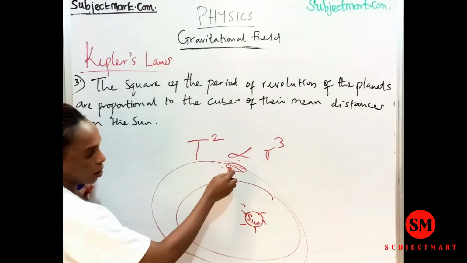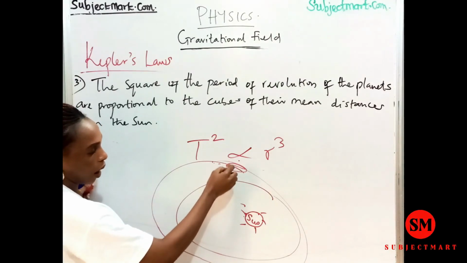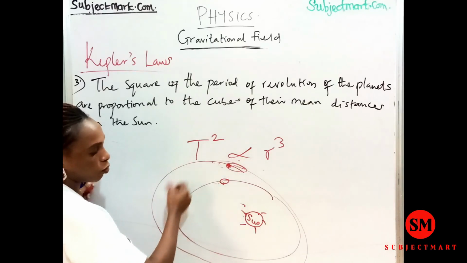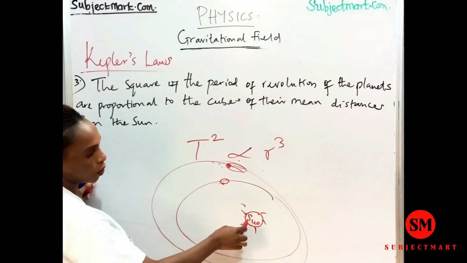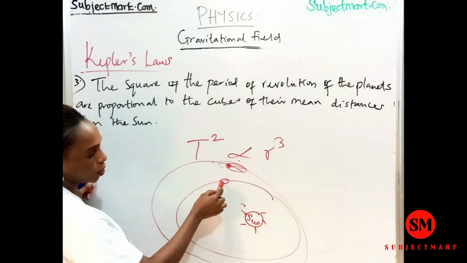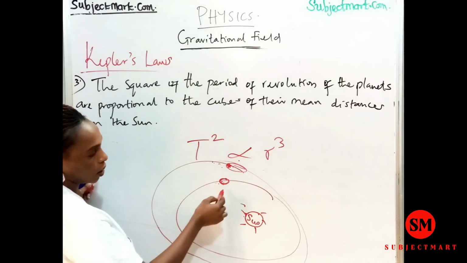That means this planet here requires more time to move around the sun compared to the planet here.